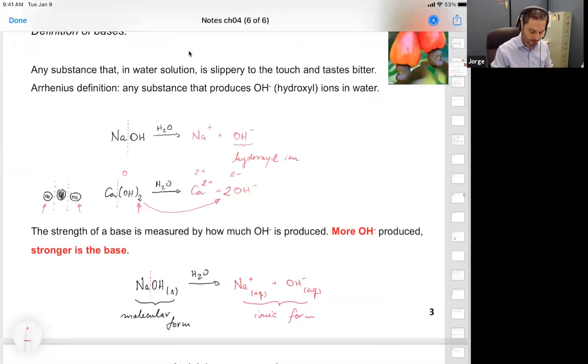Okay, so here the base, I did the same thing here at the bottom. Sodium hydroxide, for example, solid at room temperature. When we dissolve any base in water, that's going to release OH minus, because that's the definition of a base, and then generate the cations that are composed of whatever is left in the formula of the base.